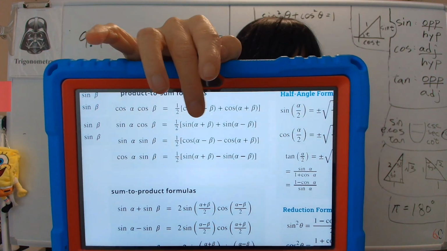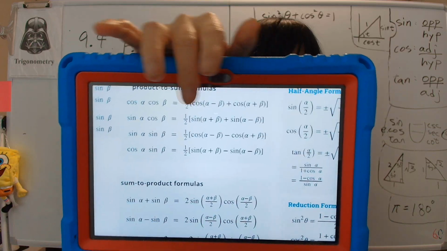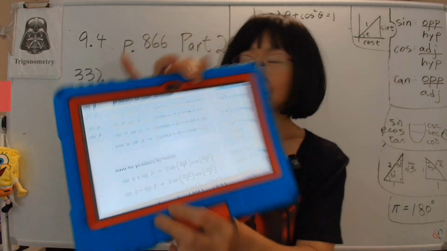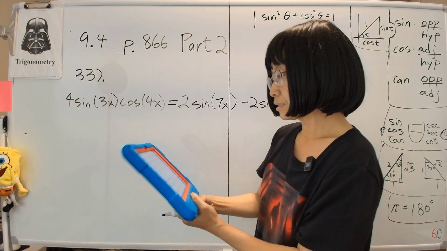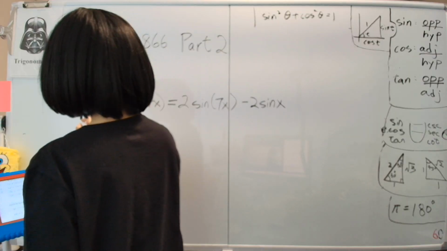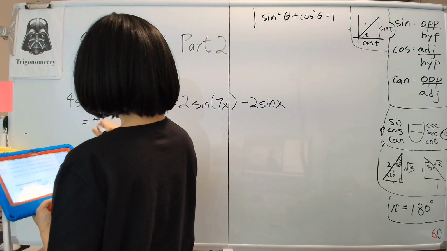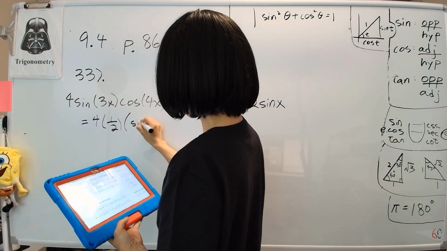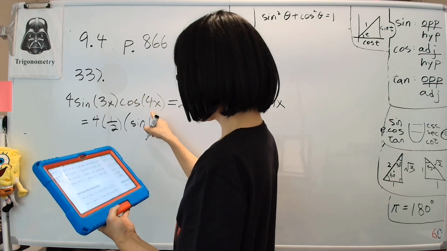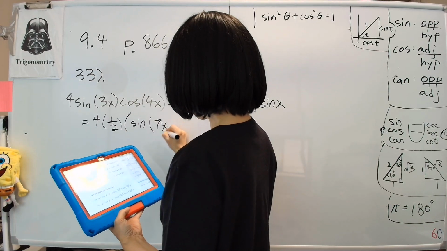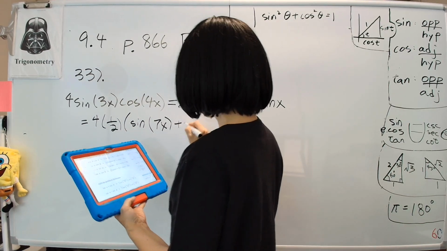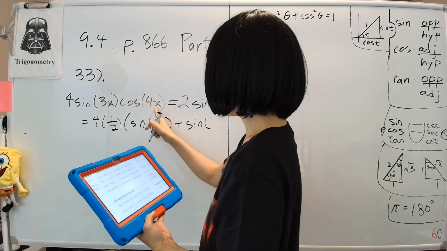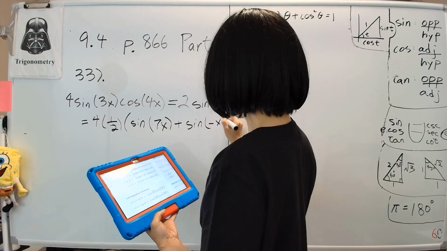So we'll follow this formula right here, which is equal to half of the sine of the sum plus half of the sine of the difference. All right, so let's do that. And that would be equal to 4 times 1/2 sine of the sum, which is 7x, and then plus sine of the difference, the first one minus the second one, that will be minus x.